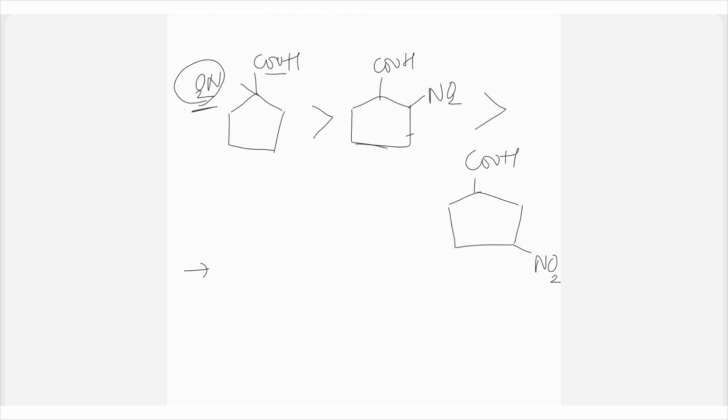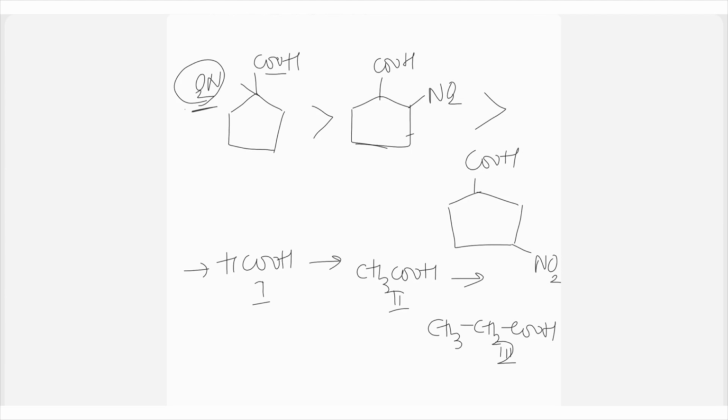Similarly, formic acid is more acidic than the other monocarboxylic acids. Like if you consider, formic acid takes the first position, then comes the acetic acid, then comes the propanoic acid, then comes the more substituted acids.